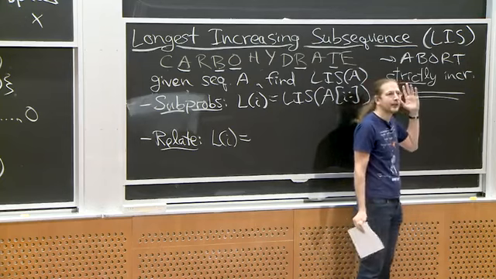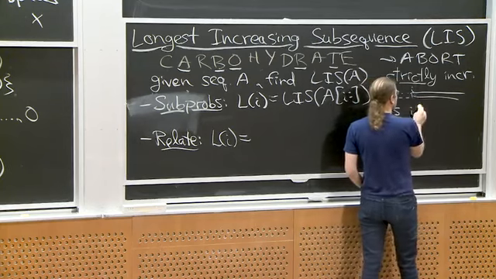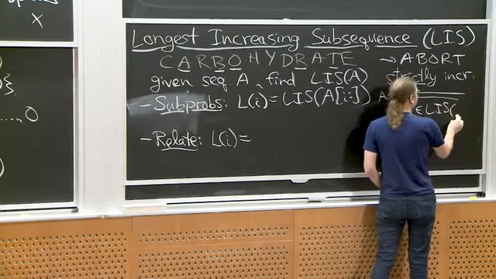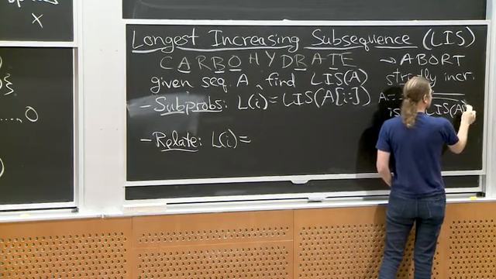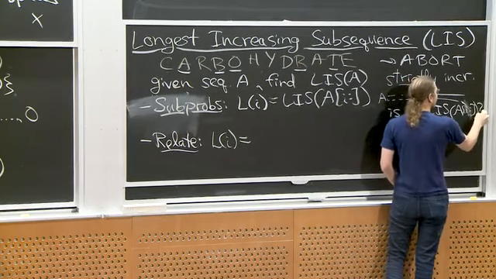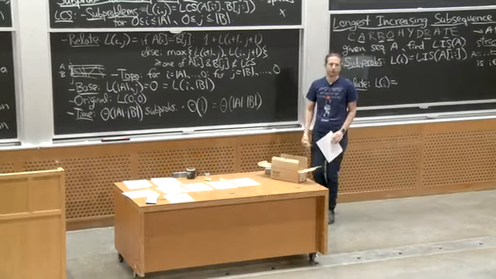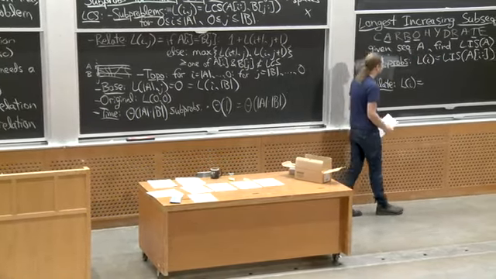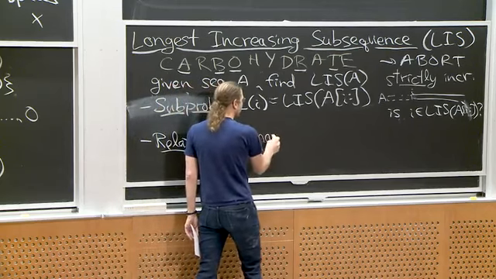So the question I would like to answer is: is i in the longest increasing subsequence of A from i onwards? This is a binary question. There are two options. So again, just like before, I can brute force those two options, and then I want the longest one, so I'm going to take the max.